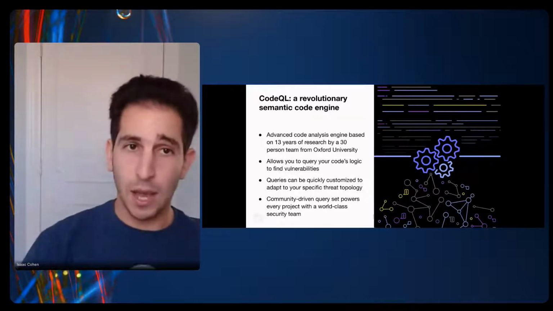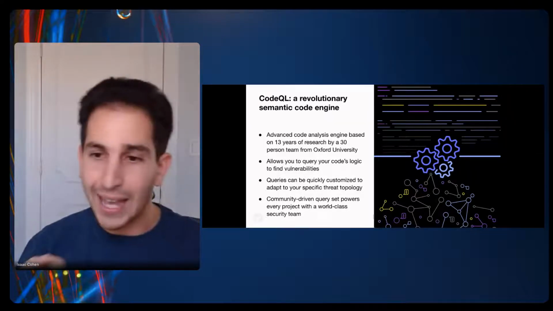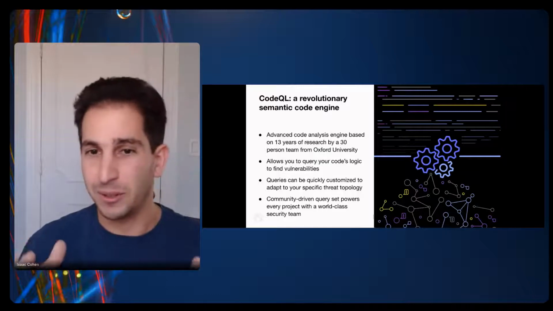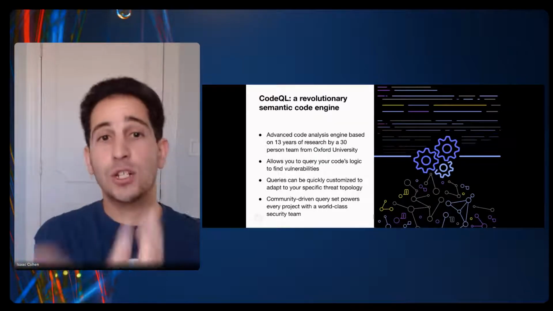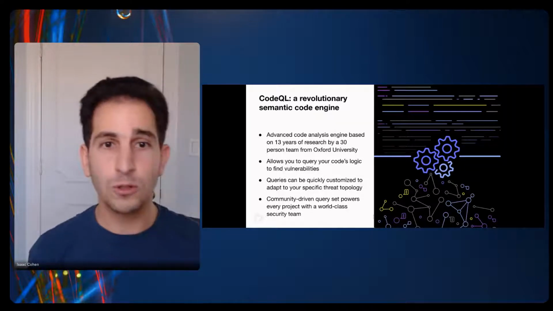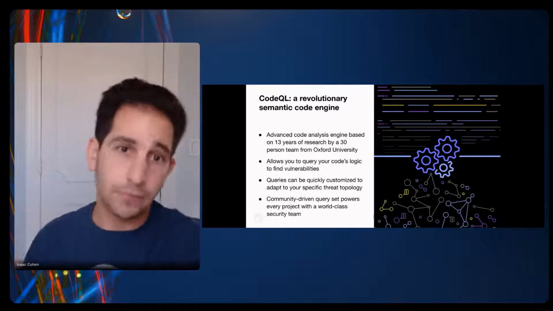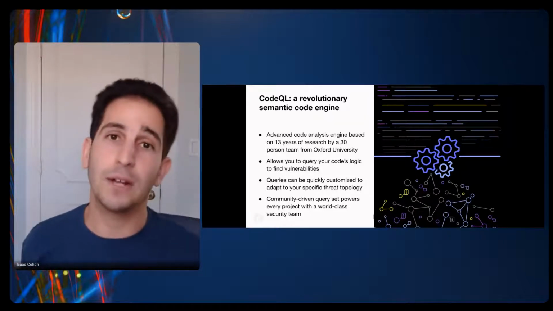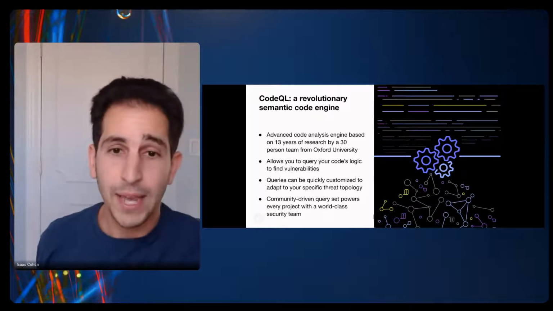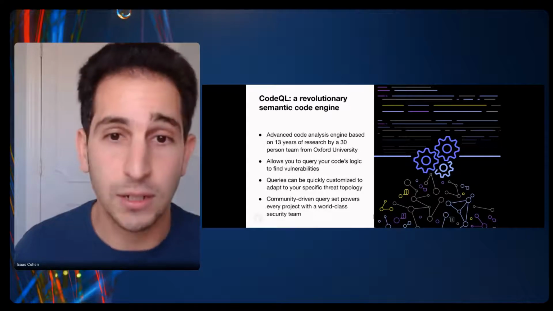Now, what's interesting about CodeQL is that it's not just like a regex type pattern that we're looking for things in files. No, we're able to understand the logic of your code and traverse the data flow from source to sink. Now, because we're able to traverse and understand how your data flows through your application, we're then able to find these vulnerabilities, like a SQL injection attack, right?